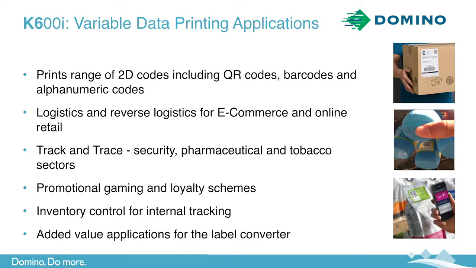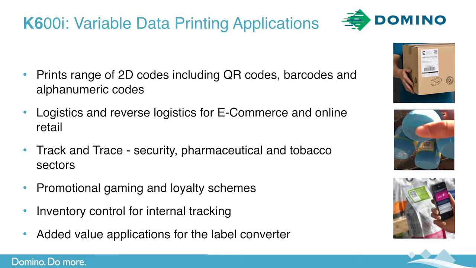and online retail. Another application is in the area of brand protection, where you see the requirement for data to help prevent anti-counterfeiting and avoidance of parallel trade. This is common for products such as pharmaceutical, security and tobacco. And the third application is in promotional gaming.